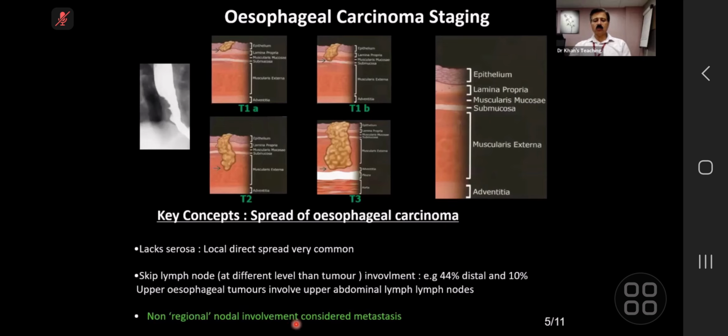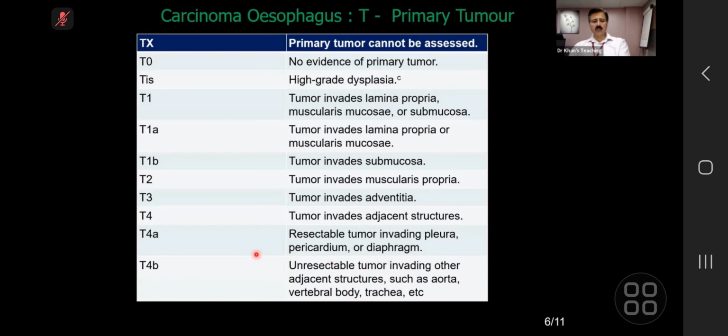And this concept is what I was saying, non-regional nodes are considered metastasis. Now, with that background, see here, I just want you to concentrate on the T4 tumor. This is T and M staging. T4 stage, T4A, T4B. Some of them are still resectable and some of them become unresectable.